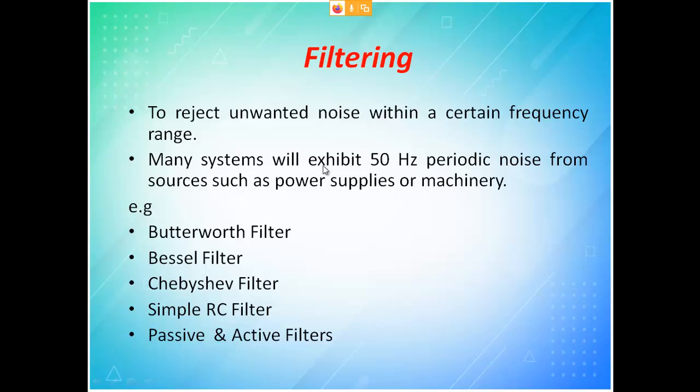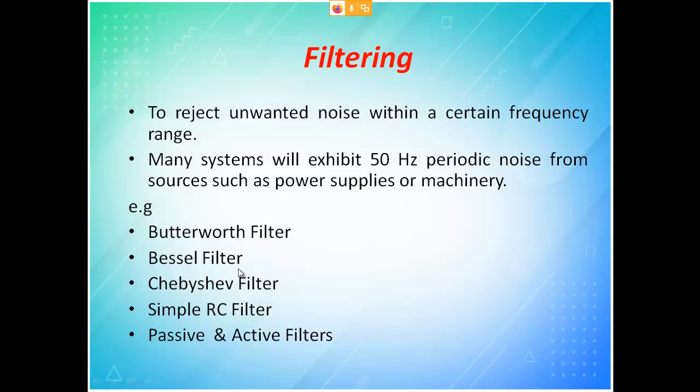You might have studied a subject called digital signal processing, where you might have studied Butterworth, Bessel, then Chebyshev filters, then simple RC filter, passive and active filters. These passive and active filters are different from digital filters.